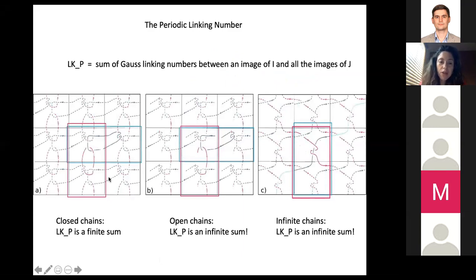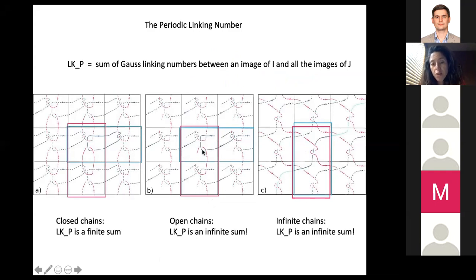And you must have noticed maybe as I talk that, okay, if we unfold one blue curve, this is the case of closed chains, well, it only links with 3. So what is the big deal? I can just take the linking number of these 3 images, right? But the problem is when we have open curves, which is the case we are most interested in.